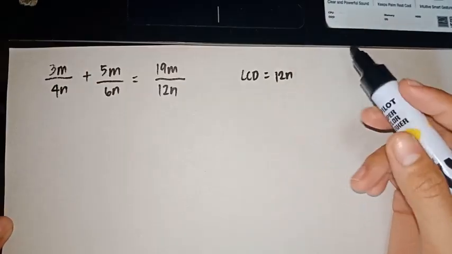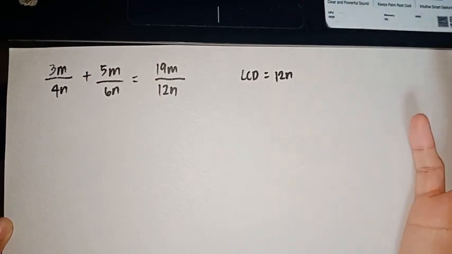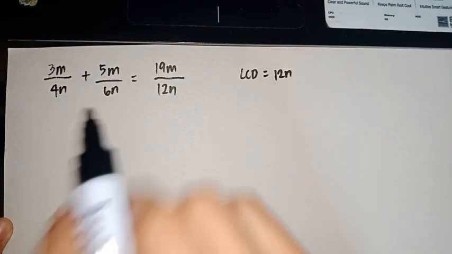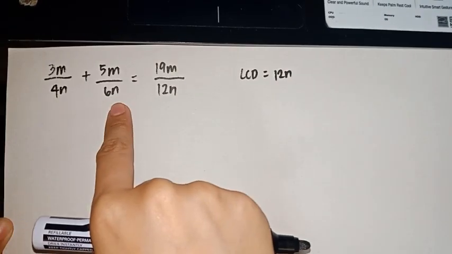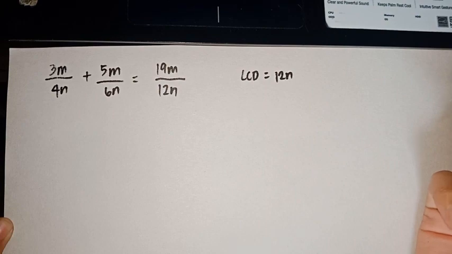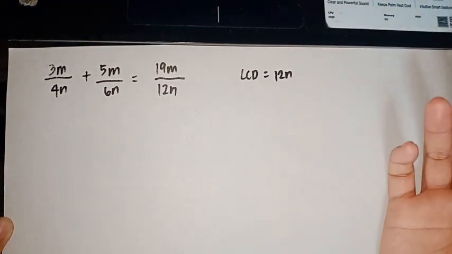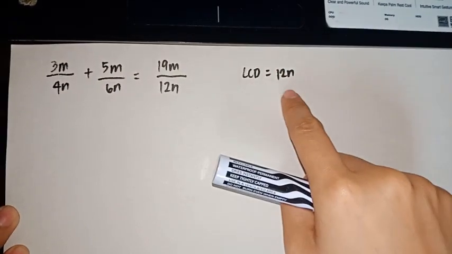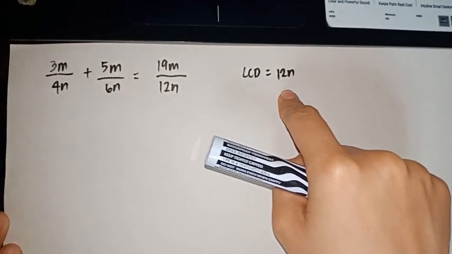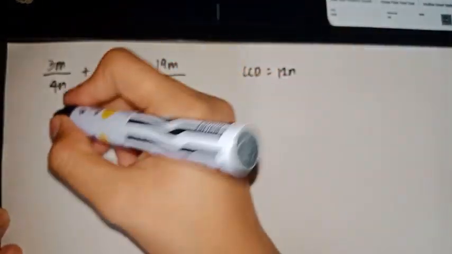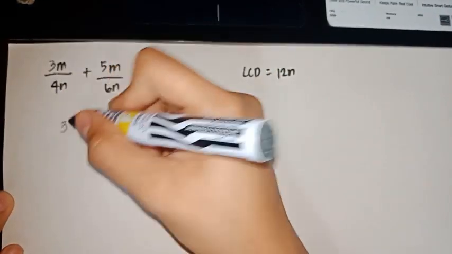Let me introduce another option that you can use in simplifying this expression. This is my technique from when I was in high school. We all know that our LCD is 12n, that is given. So what is my other option?